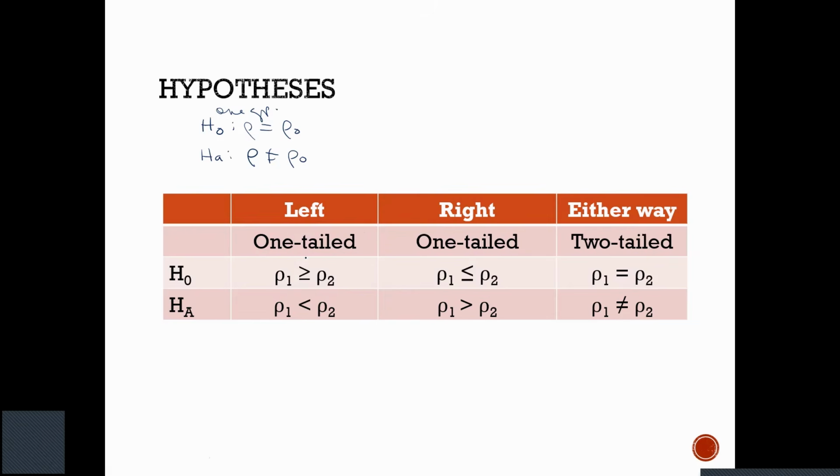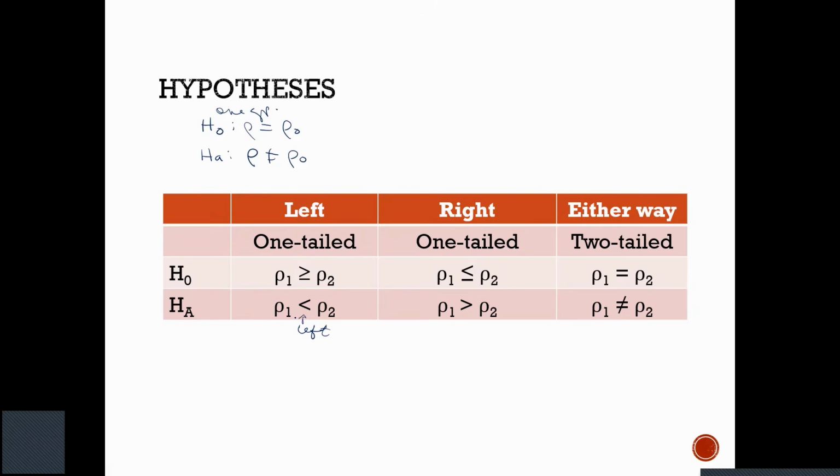For the left-tailed, one-tailed, we're putting in the alternate that rho one is less than rho two. So notice the arrow is pointing to the left. And so that means that we are looking for a negative difference.